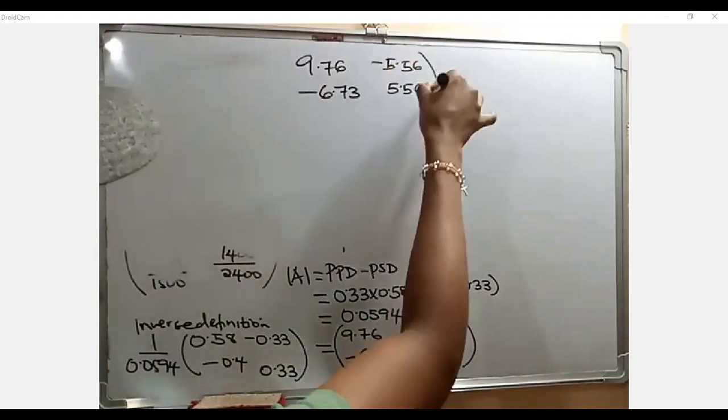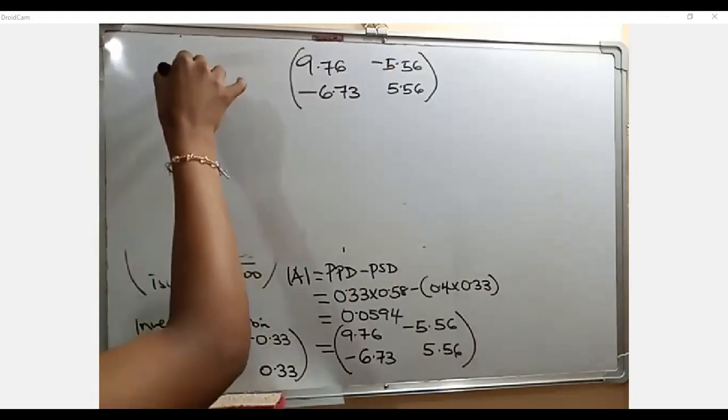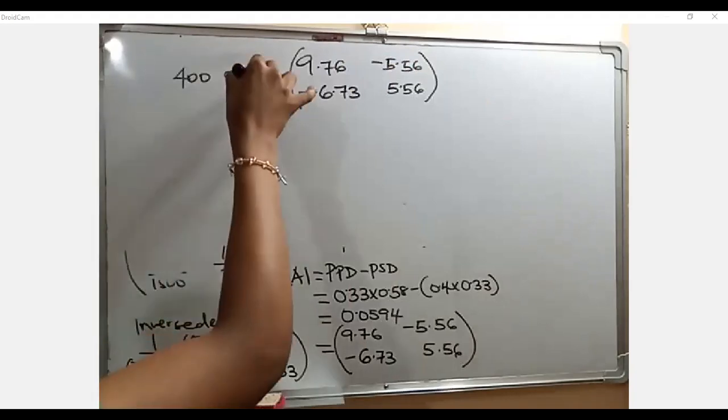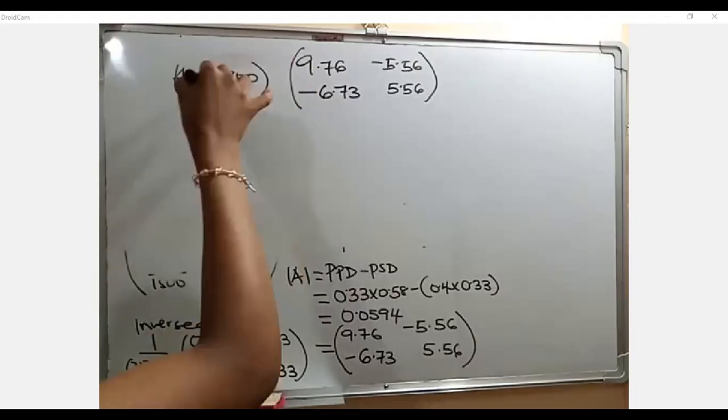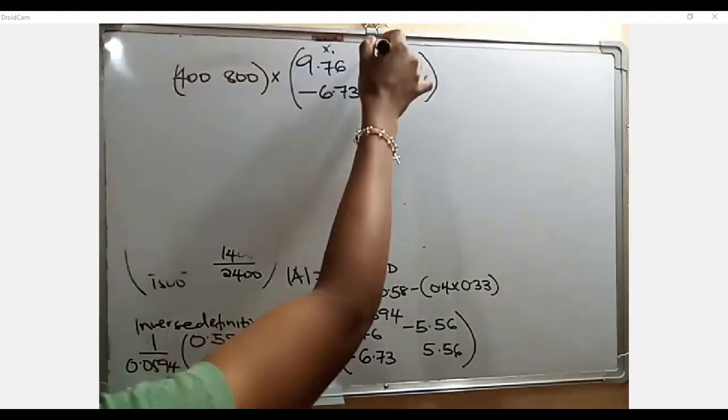This is what we have right now. But we are being told by the examiner that it changed to 400 and 800. So let us multiply these two matrices. You multiply the row with your column, so to get x1, because already you know this is x1 and this is x2.